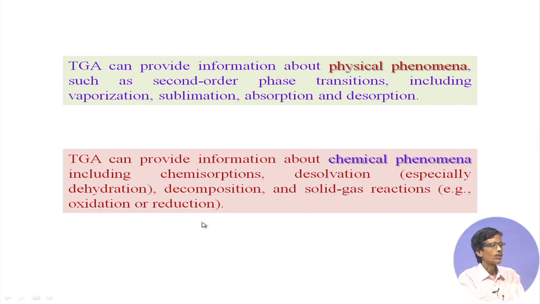It can go for oxidation or reduction, or you can go for some gas sensing material. So, the gas sensor we can develop if you have a solid sensor, and that can go for some sensing behavior by trapping the corresponding gas molecules. We can have certain change. So, TGA analysis of that material, whether that material is useful for making a gas sensor, we can analyze for that also.